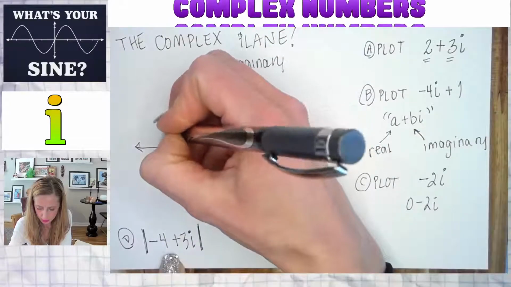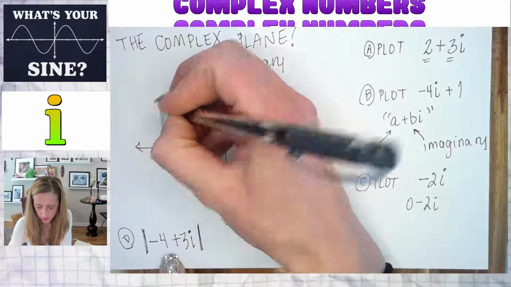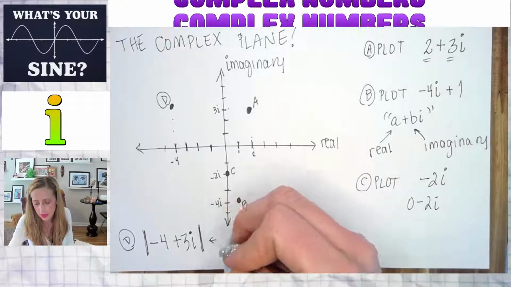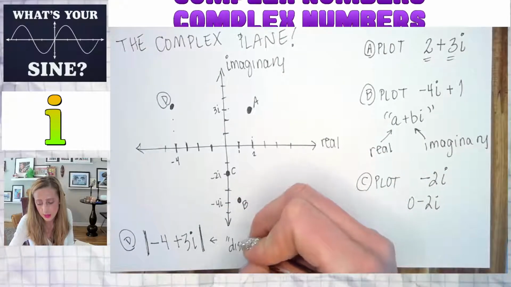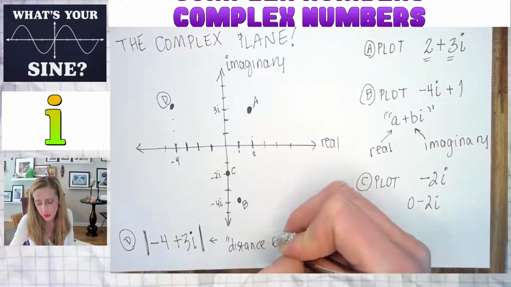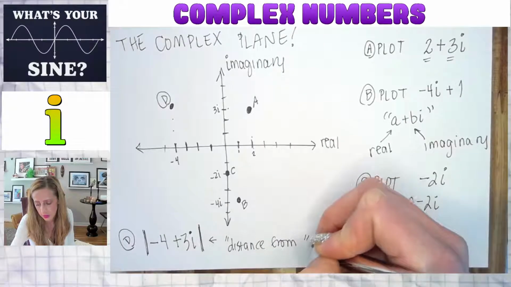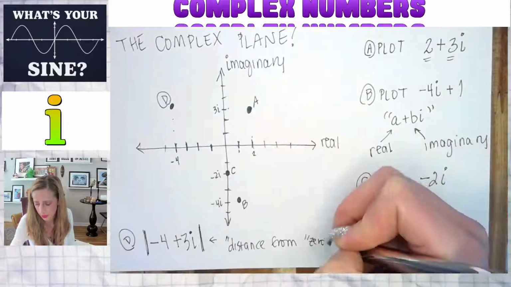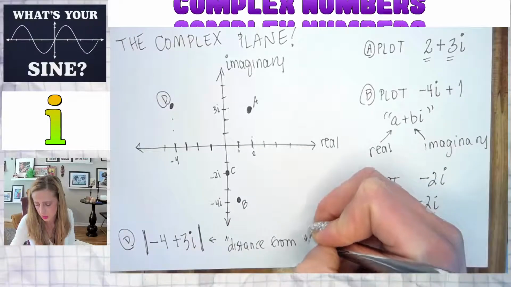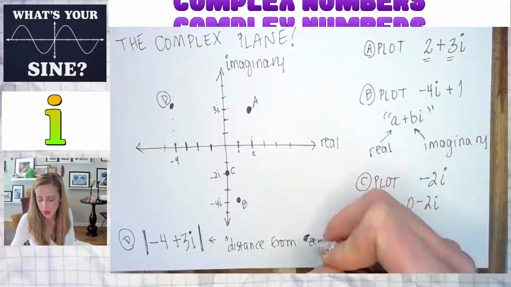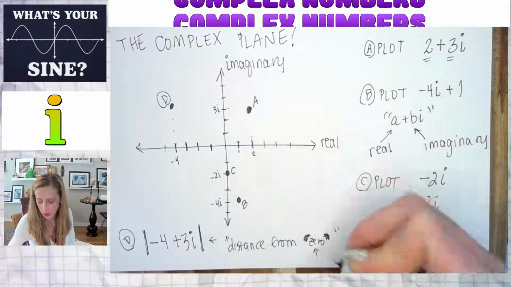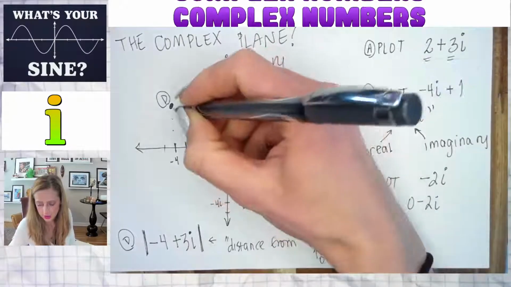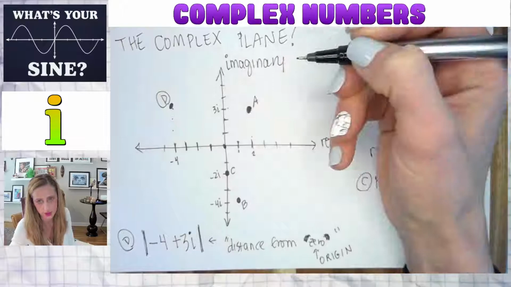There was 3i. There's point D. Absolute value is distance from 0. So distance from 0. And instead of 0, we are going to look at that as like the origin. How far is this point from this origin?